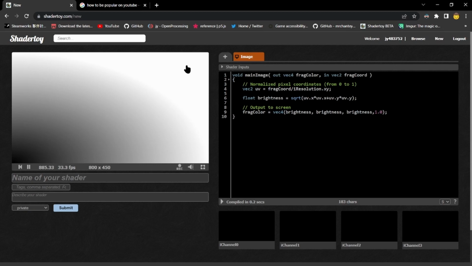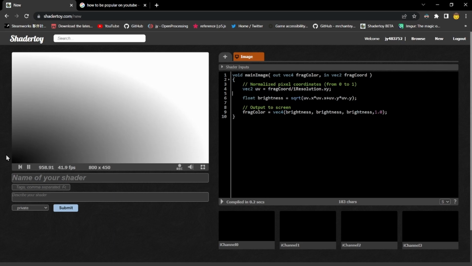That divided by 800 450, we get 1 1. So the UV value is 1 1. 1 squared is 1 plus 1 squared, so that's 2. Square root of 2 is something around 1.4. These pixels that have white colors, their distance away from 0 0 is above 1.